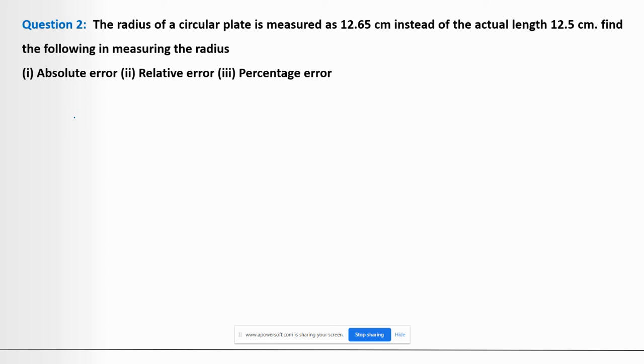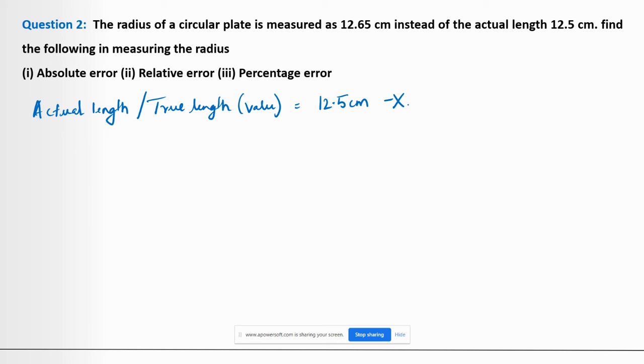Let us write what is given in the question. The actual length, which is also your true length or true value, is 12.5 centimeters.